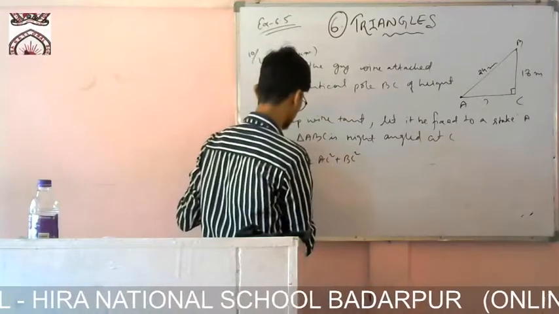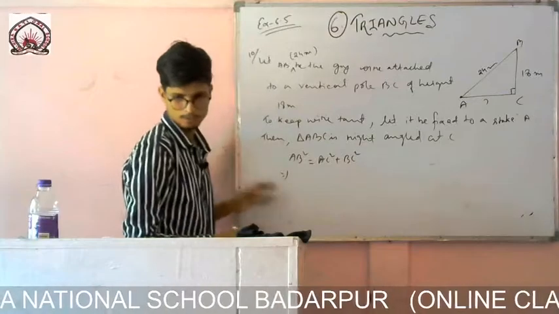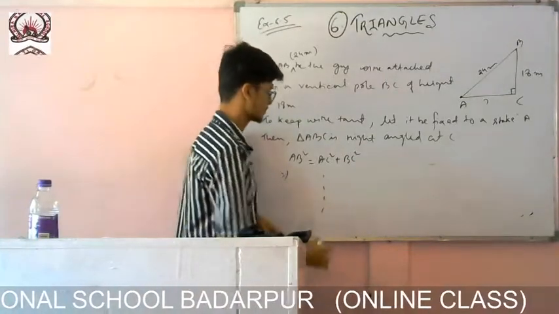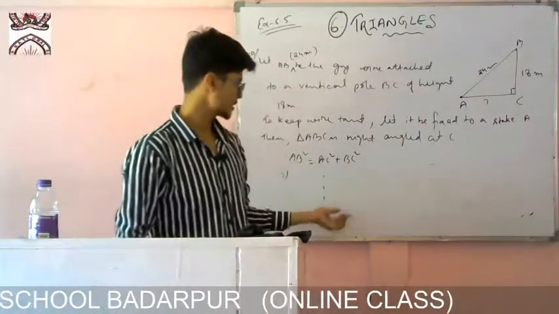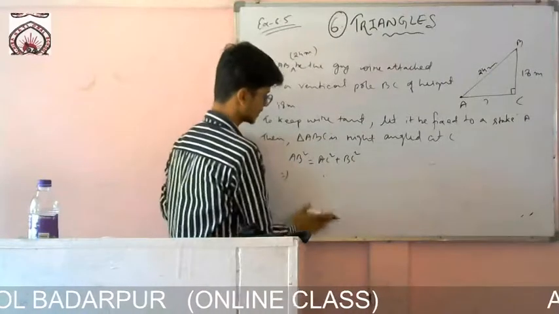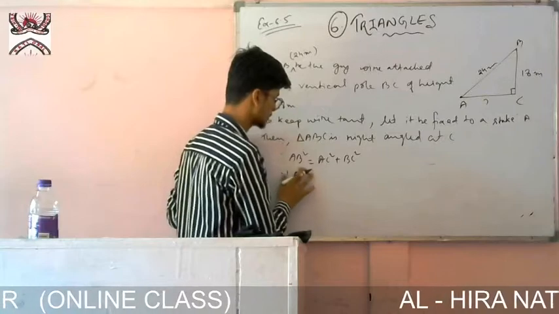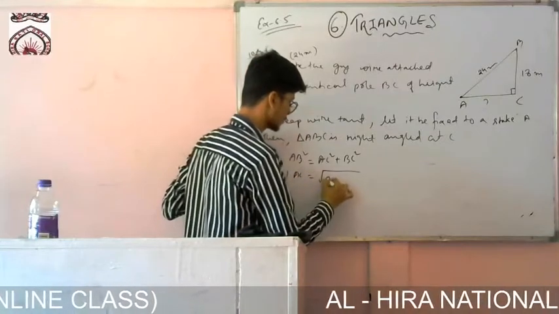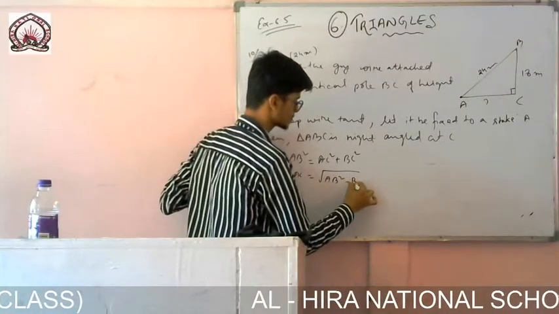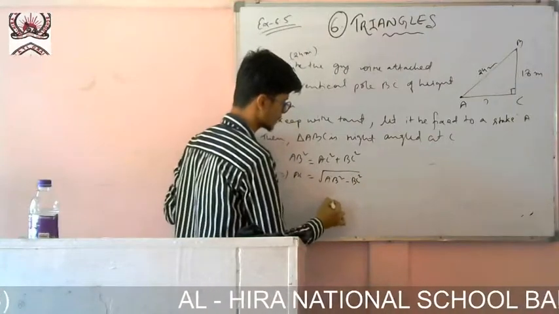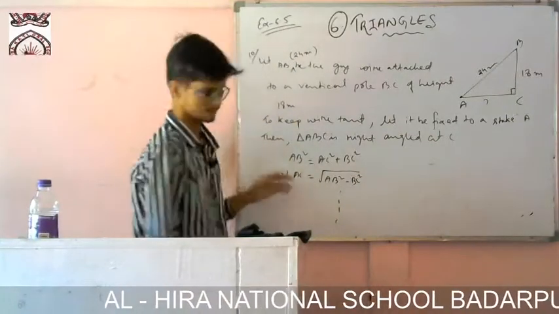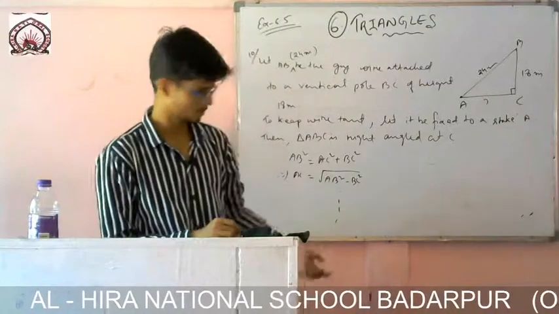Like earlier, you just put the values and solve it. What do I need? I need AC. So AC will be equal to root of AB square minus BC square. Now you put the values, and after that you solve it by yourself. Just calculation, you do it.